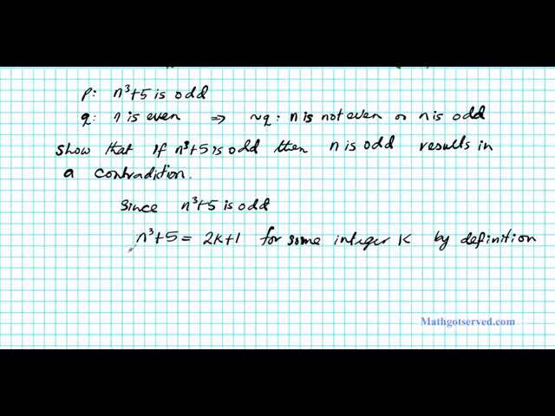All right, so we have this situation here. Now let's try to isolate n using this equation. We're just going to subtract 5 from both sides. So n to the third is going to be equal to 2k plus 1 minus 5, which is 2k minus 4.